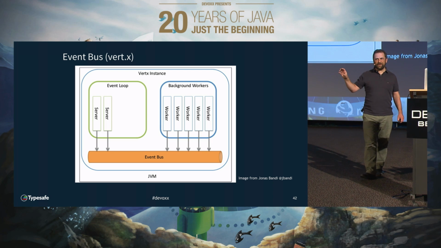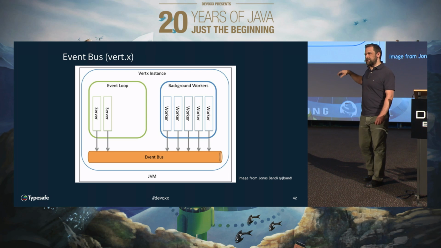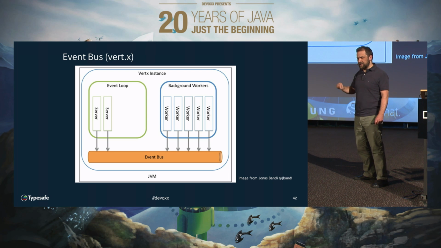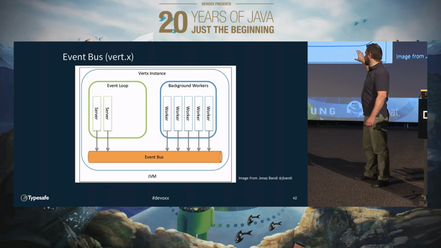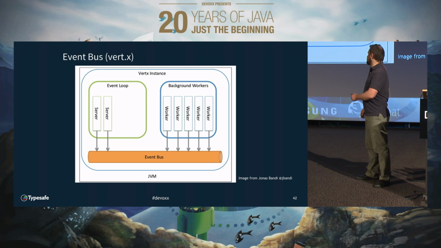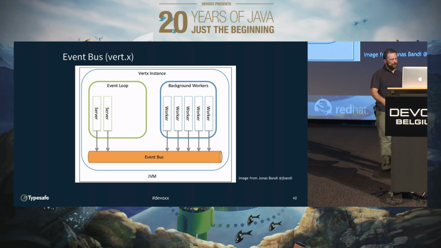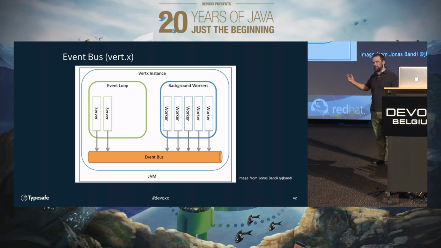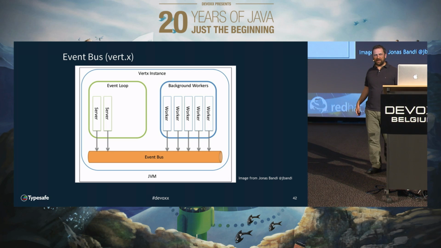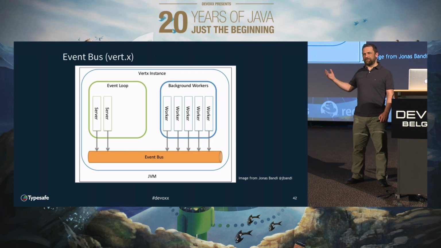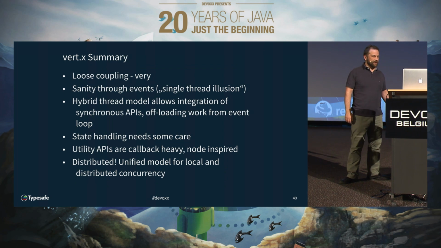You can have worker verticals, and these workers will be executed on a different thread pool. So you have your event loops, which is already multiple threads that work on the event bus. Now you have a long-running or synchronous thing. You can say, oh, this is actually a worker vertical. I don't want it to spoil my event loops here, so it's going to be executed on a different thread.